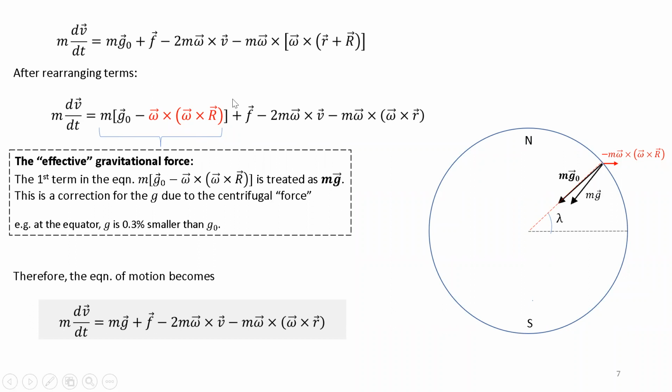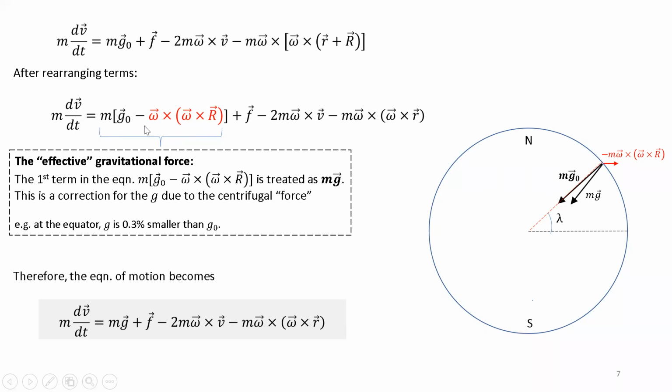I will call this whole thing mg, and this mg is m times g naught minus this term. I'll call this mg the so-called effective gravitational force.